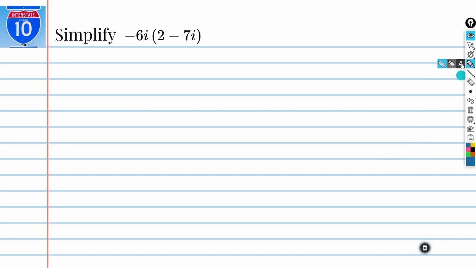So again, we're going to take the same idea. We're going to distribute through to both pieces. So -6 times 2 is -12. And then we just have one i. -6 times a -7 is a positive 42i squared. i squared is equal to -1.